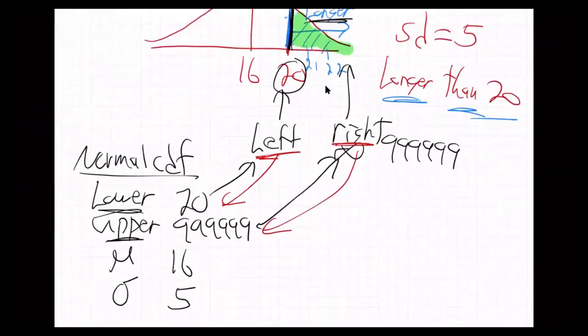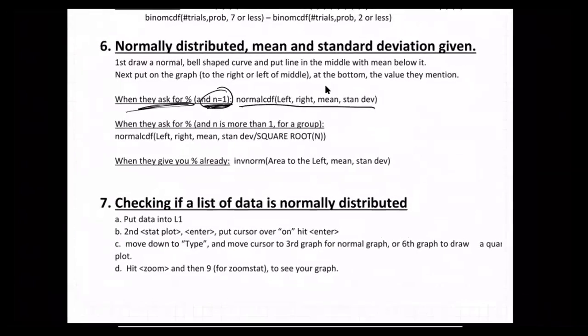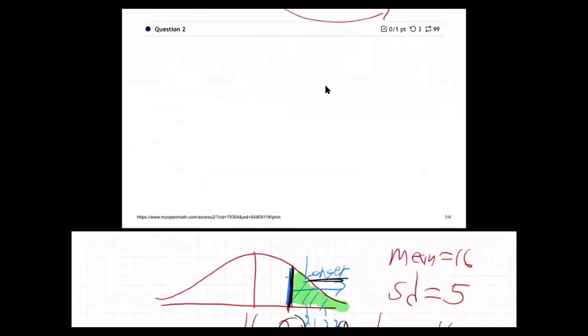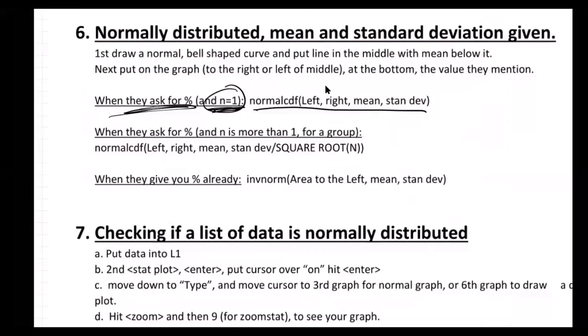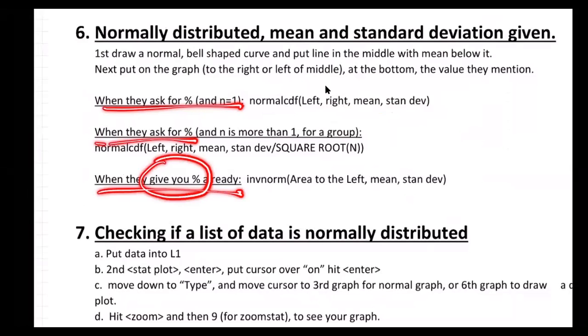Let's look down at the notes that I provided for you. Notice it says, when they ask for a percent, versus when they give you a percent. See the difference? The first two are ask and ask. The third one is give you a percent already. And then you use a different thing, inverse norm, instead of normal CDF.